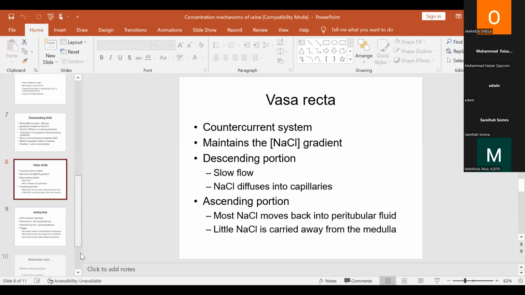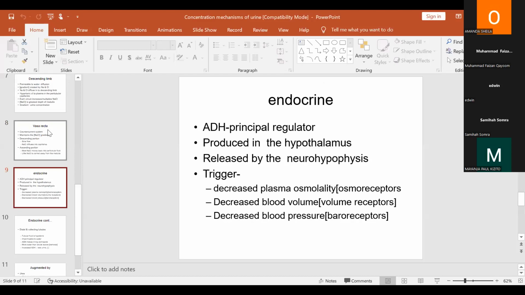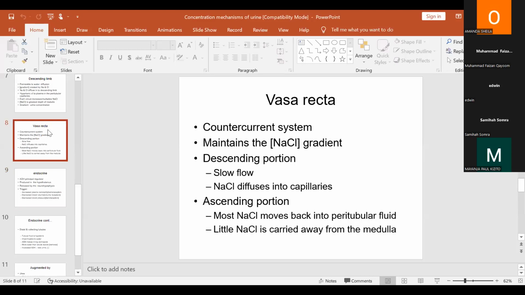So if you're asked again, as I'm going to ask at the end of this year, we have seen two systems, countercurrent multiplier and countercurrent exchanger. The countercurrent exchanger uses the vasa recti, absorbing sodium into the vessel in the descending portion, and that sodium chloride is released back into the interstitium when the vessel is ascending.